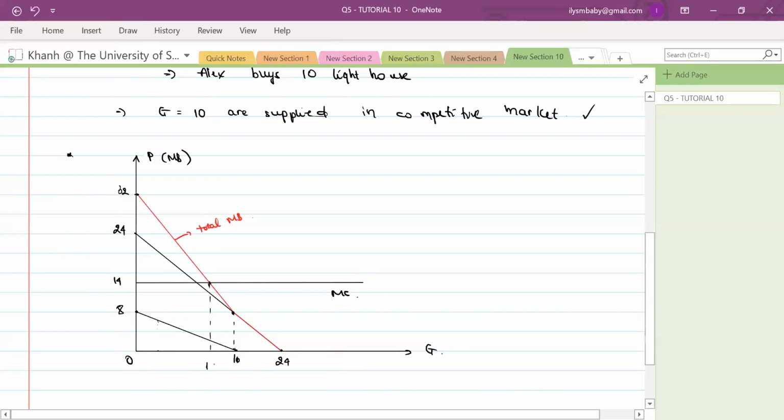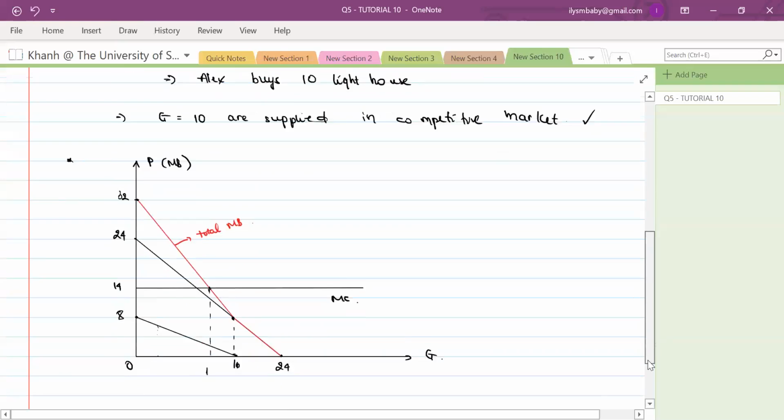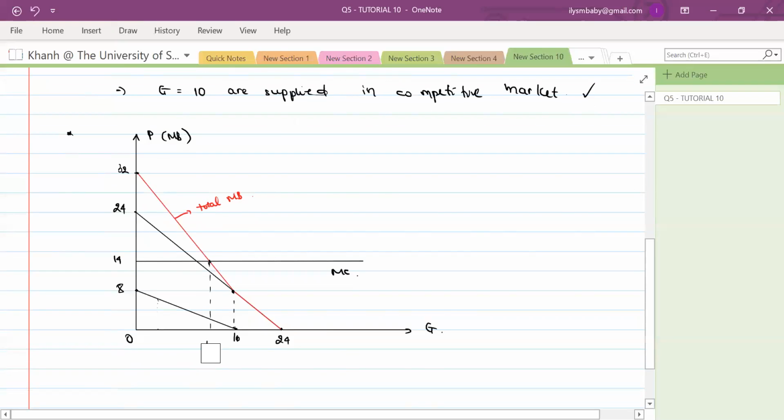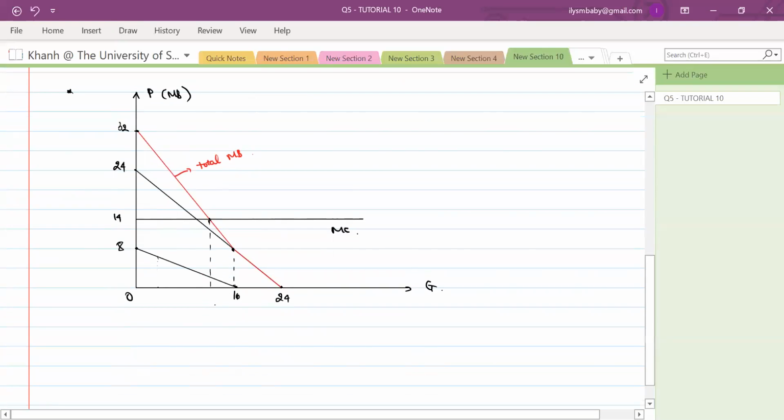We found earlier this is going to be equal to, oh sorry, we haven't found this yet. In order to find the total amount of goods that should be supplied at the optimal level, we have to find the total marginal benefit.